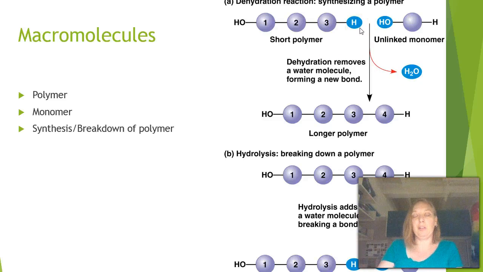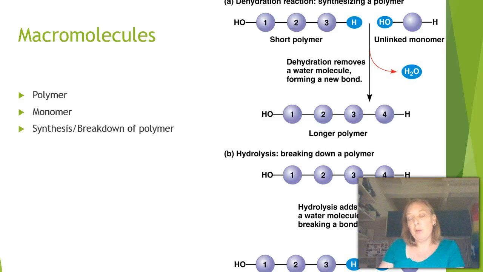So it becomes a little difficult to think about. Think of dehydration as pulling that water out of the structure that we're trying to create. That creates our synthesized polymer, a longer piece made up of more monomers.